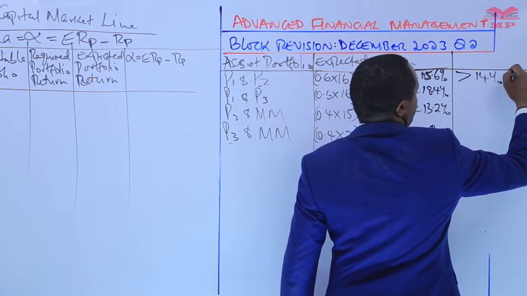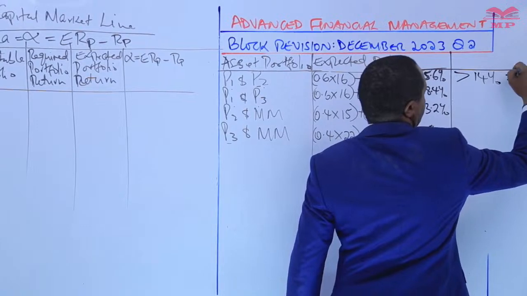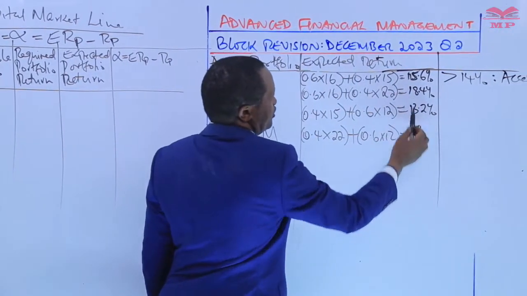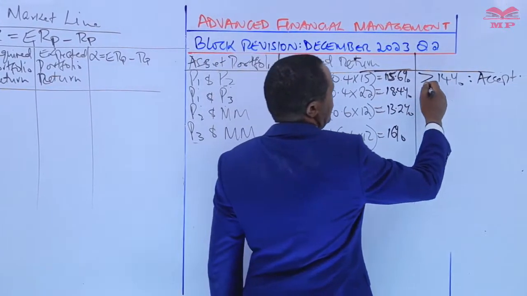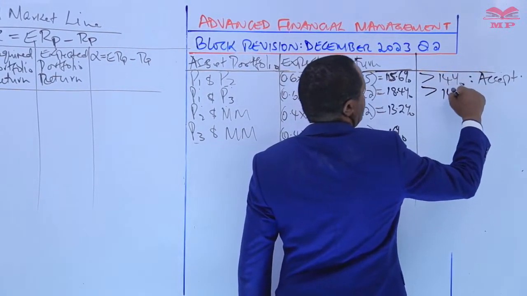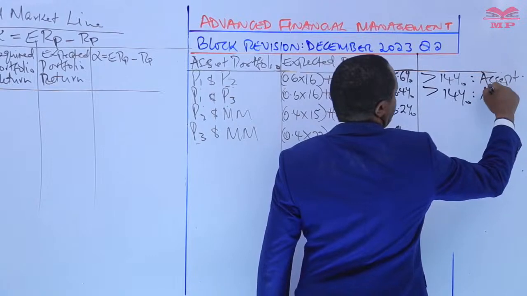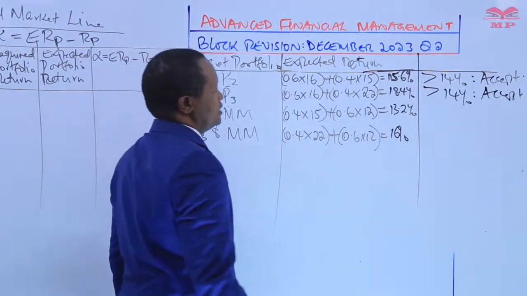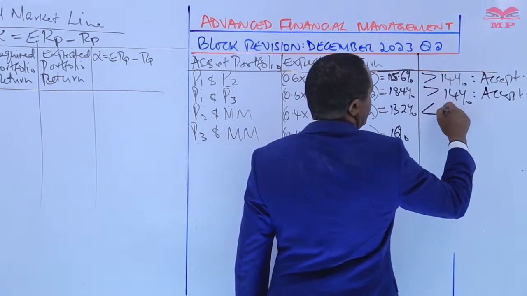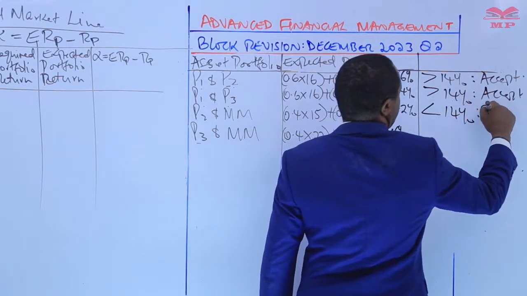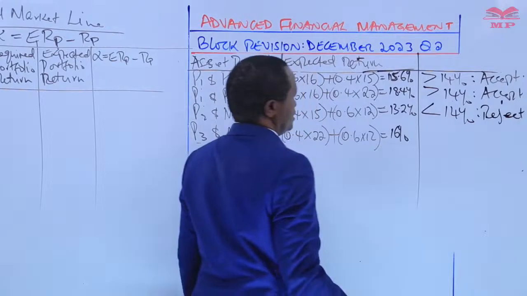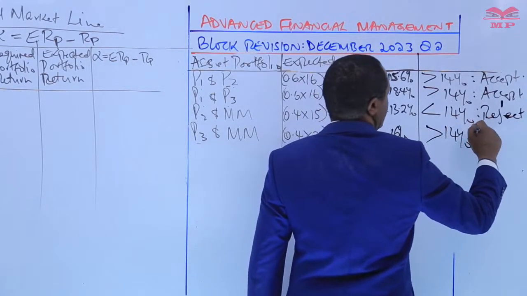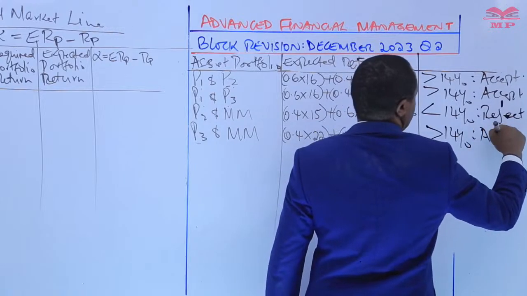So the decision is to accept. 18.4% is greater than 14%, therefore accept. 13.2% is less than 14%, reject. 16% is greater than 14%, therefore accept.